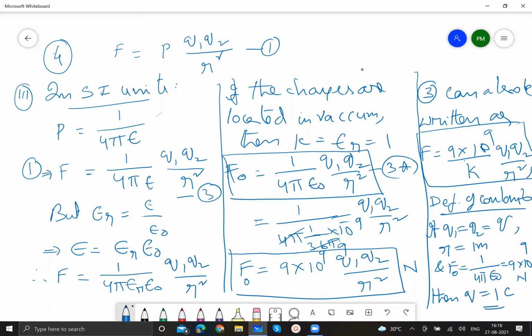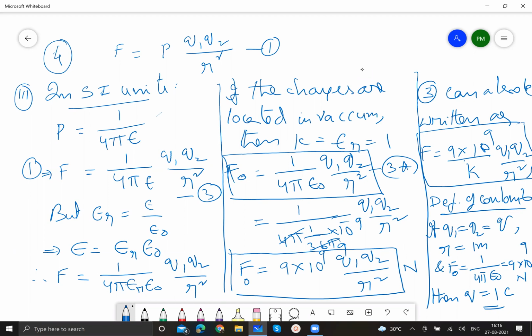So a point electric charge which repels a similar charge situated in vacuum at a distance of 1 meter from it with a force of 9 into 10 to the power of 9 newtons is defined as 1 coulomb.